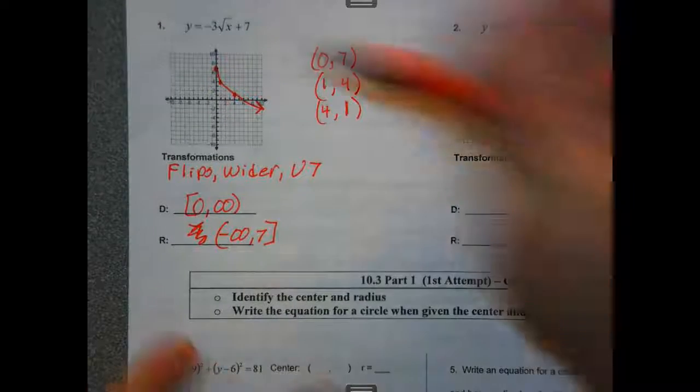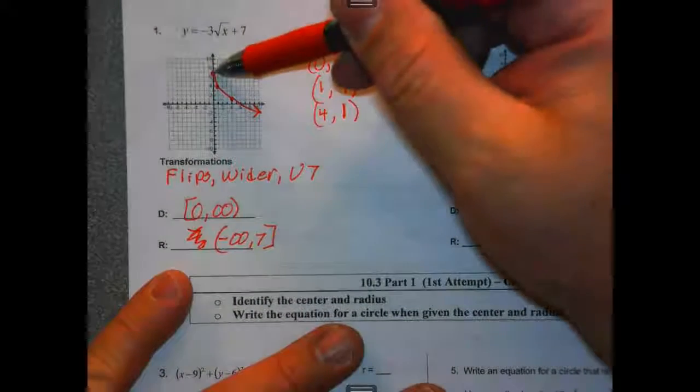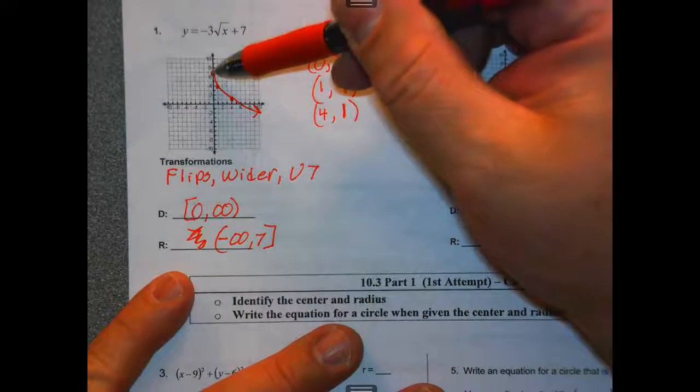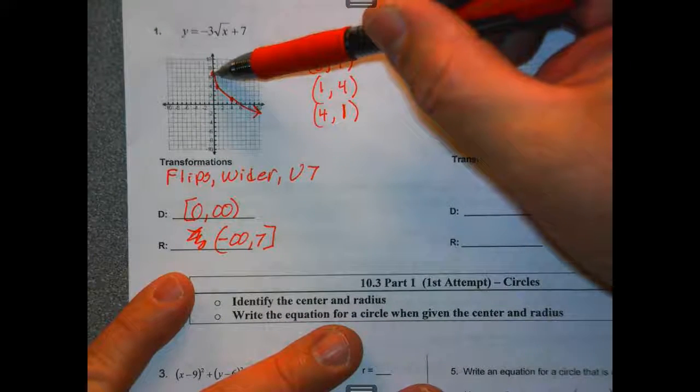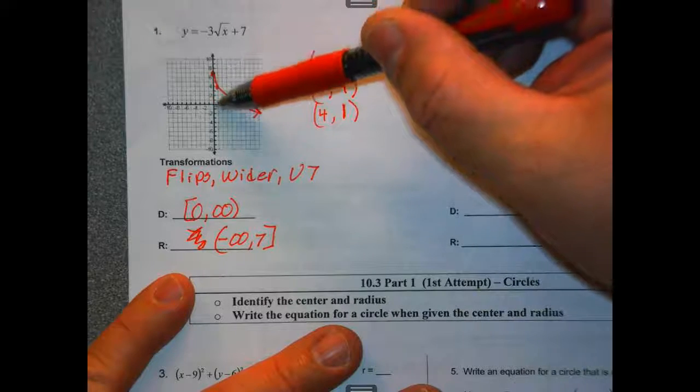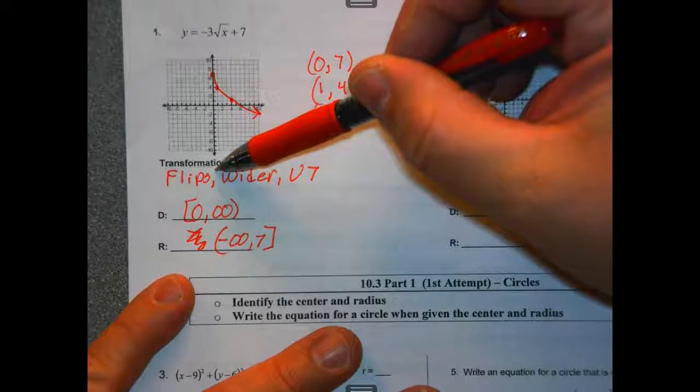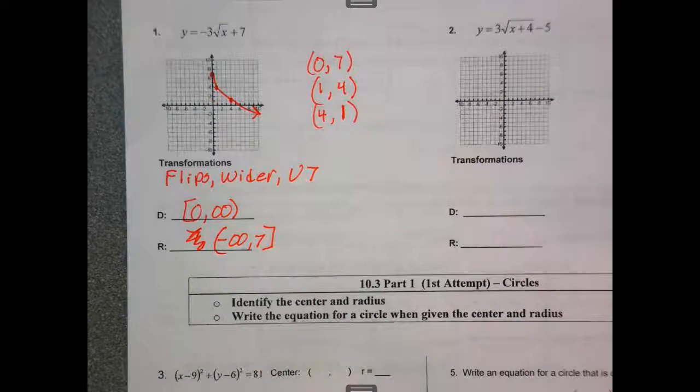How do I know the range? It's your y values. So for the square root function, it's going to be your k or the highest y value, and then it's going towards negative infinity.